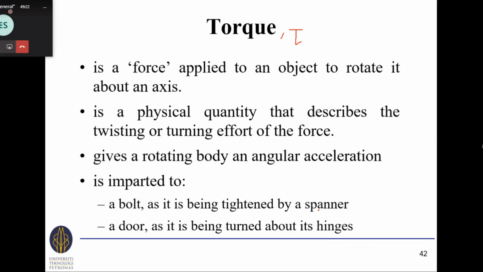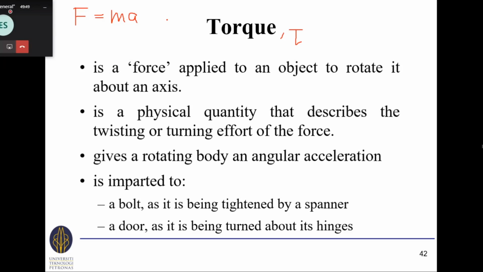So in linear motion, you have force that contributes to the acceleration, based on a certain mass. If the mass is kept constant, putting larger or lower force will affect the acceleration, whether it is decelerating or accelerating.